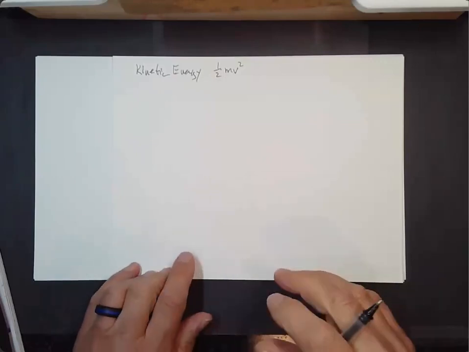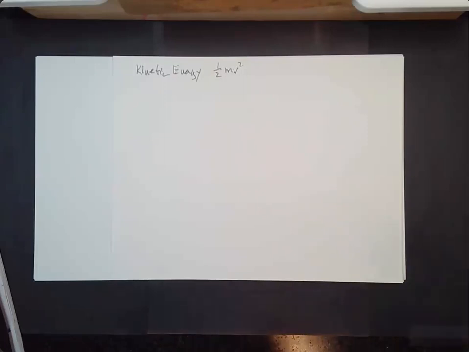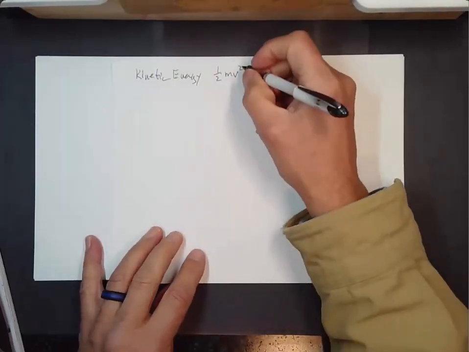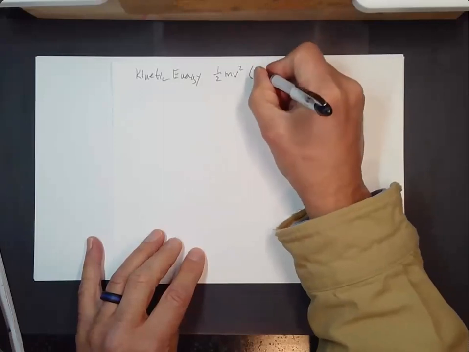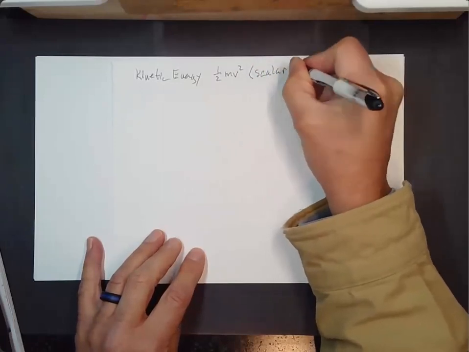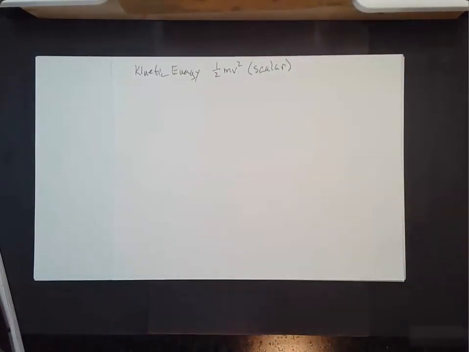It's not a vector, so it has no direction to it, even though the particle's velocity may have a particular direction. The kinetic energy doesn't. It's a scalar. So let's make an important note of that. In fact, all of the types of energy that I'm going to list here are going to be scalars.